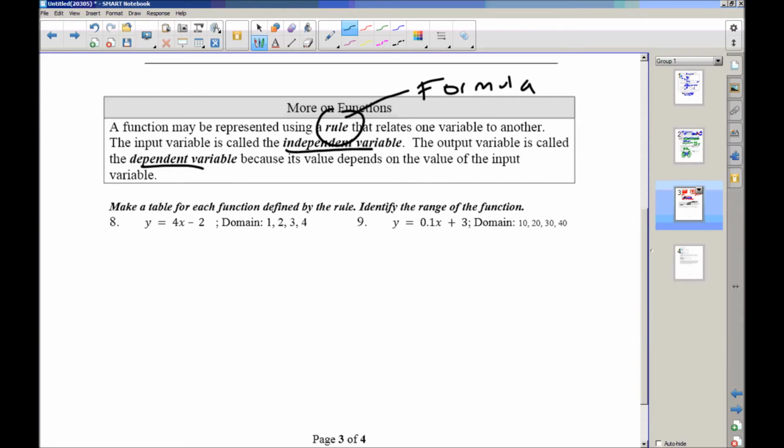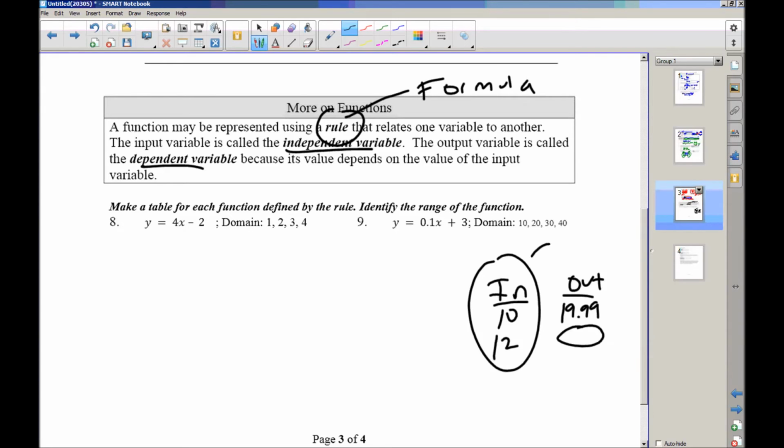These names for independent and dependent variable make sense. You can think of them in terms, once again, of our gas problem. We had inputs and we have outputs. Our inputs were gallons pumped, and our outputs were the cost, right? I don't remember what this one cost. So this is the independent, and this one was the dependent. And that was because I get to go up to the pump, and I get to pump whatever I feel like.